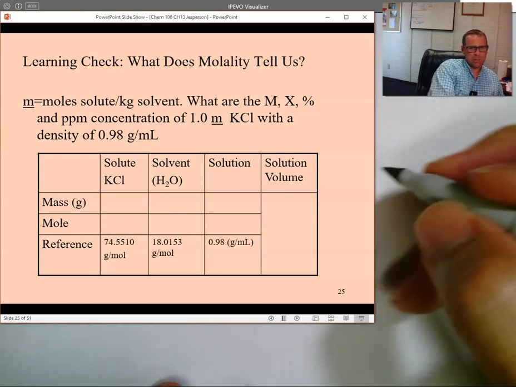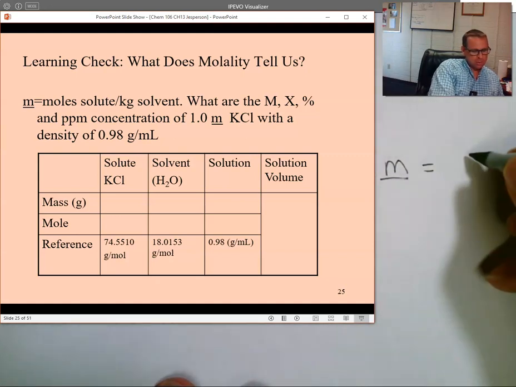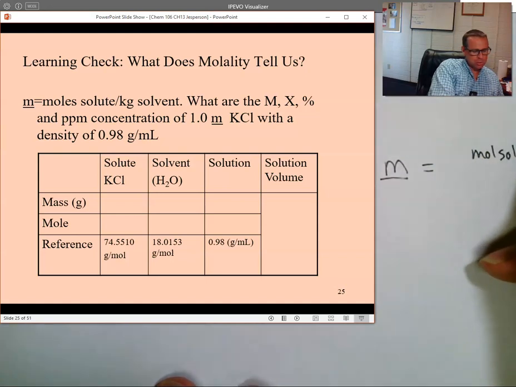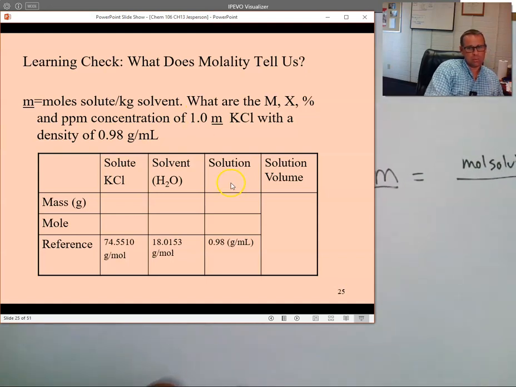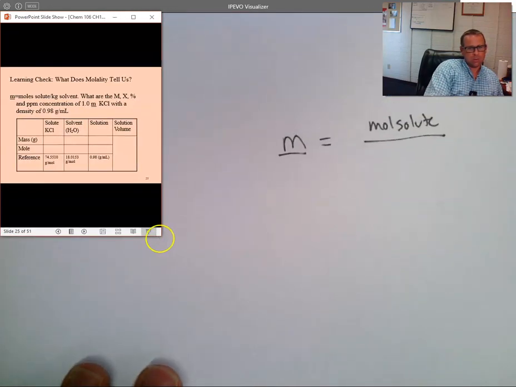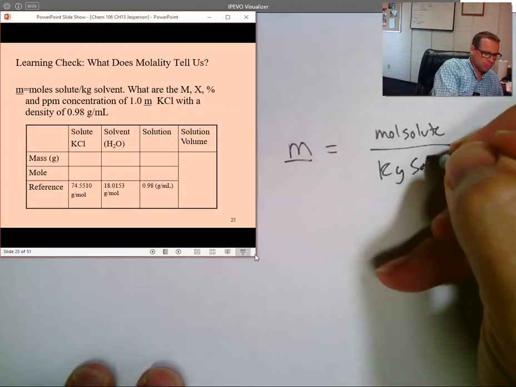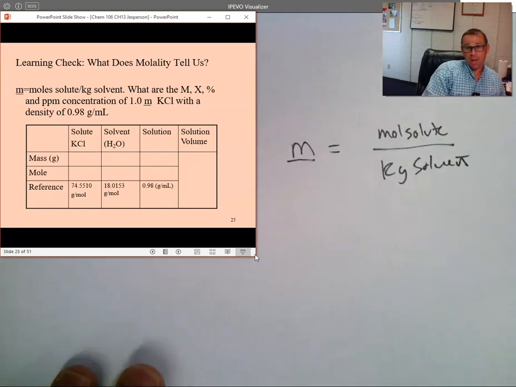Well, okay, so you said molality, little m, is moles of solute over kilograms of solvent.